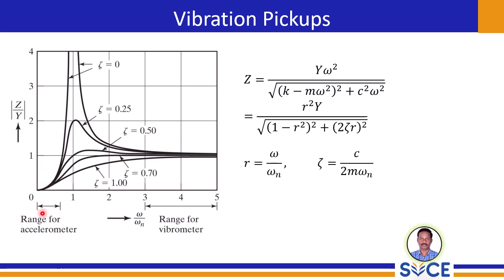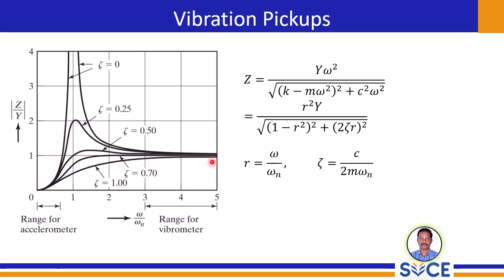As the frequency approaches the natural frequency, that is omega equal to omega n, we see a significant peak, especially for lower damping values. This phenomenon is called resonance. At frequencies much higher than the natural frequency, the ratio tends towards 1.